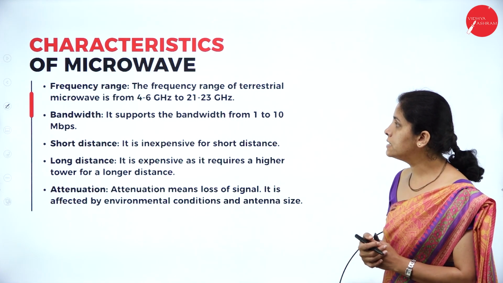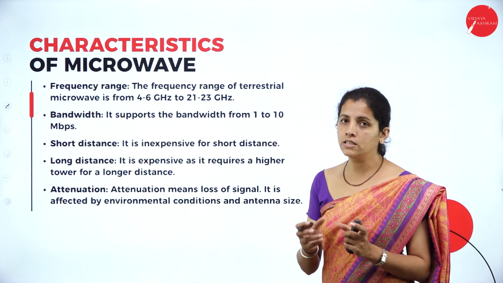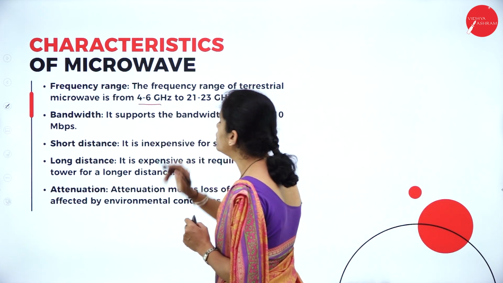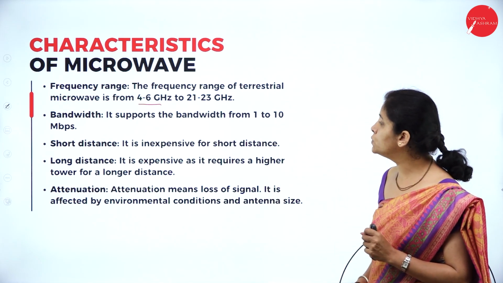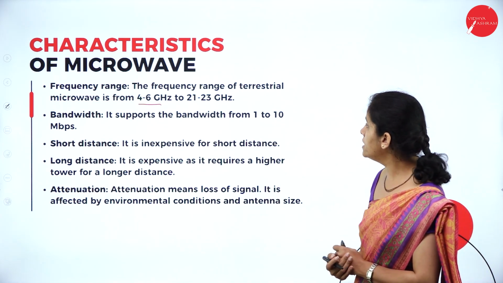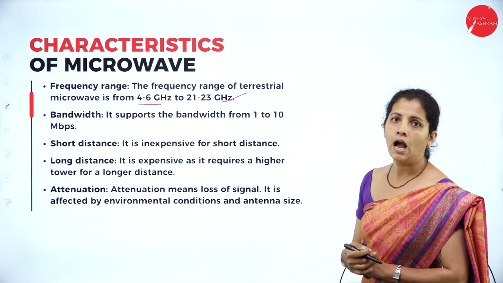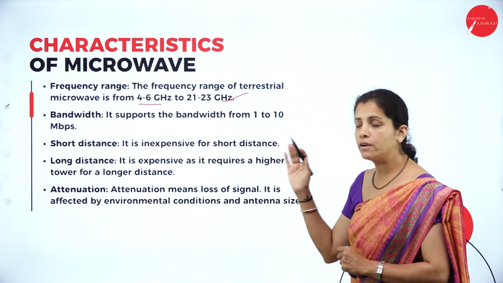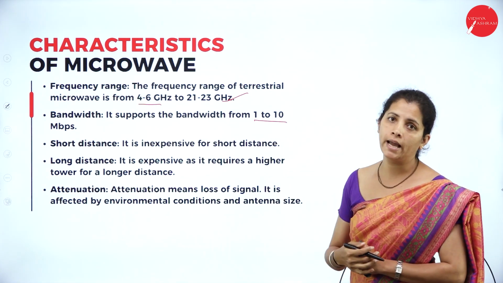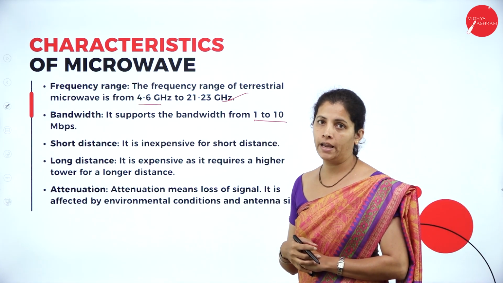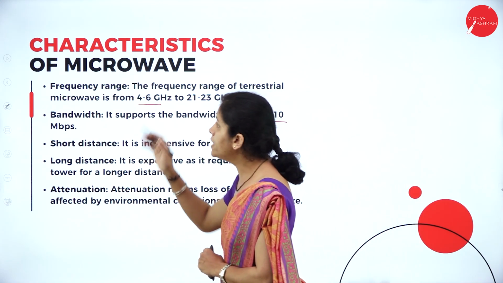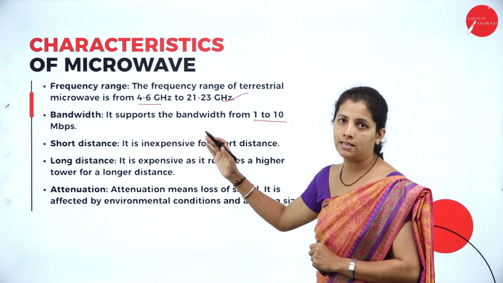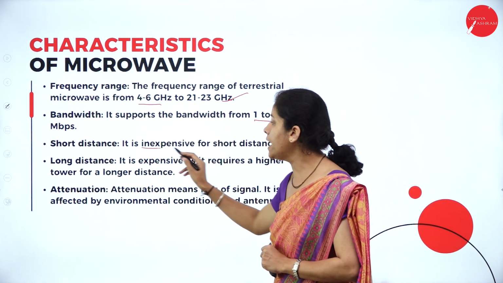Now let me consider the characteristics. What is the frequency range we can have here? That is 4 to 6 gigahertz to 21 to 23 gigahertz. For bandwidth capacity, it supports bandwidth from 1 to 10 megabits per second. If I use microwave for a shorter distance, then it is inexpensive.